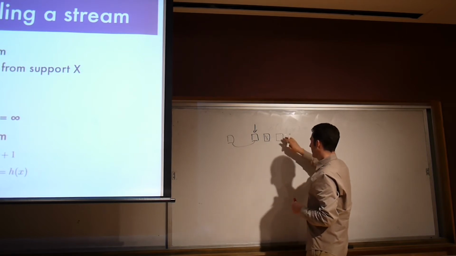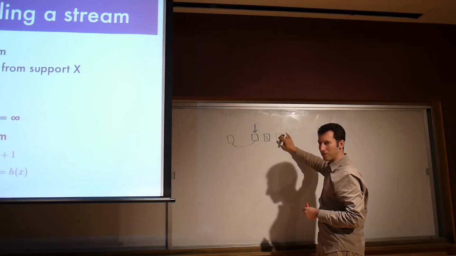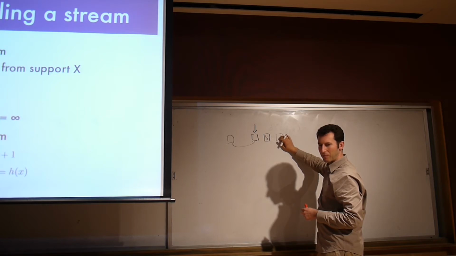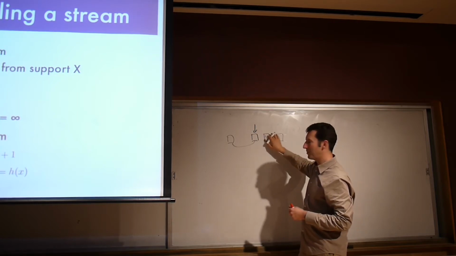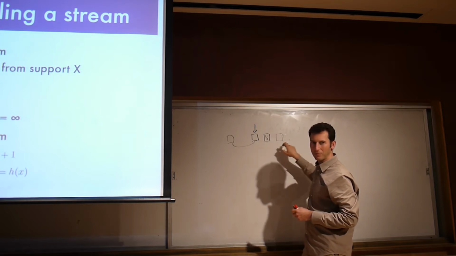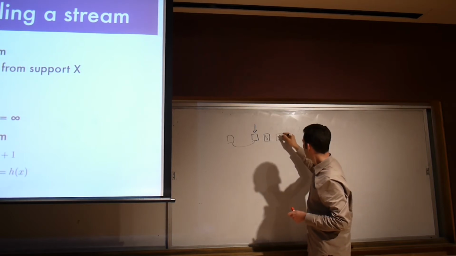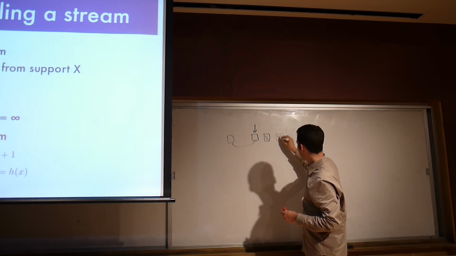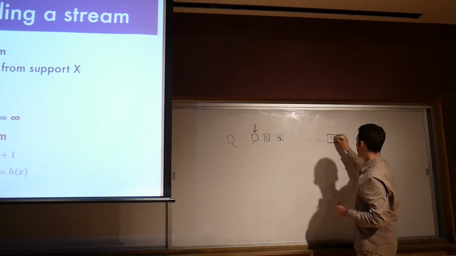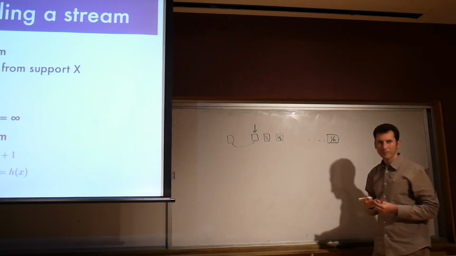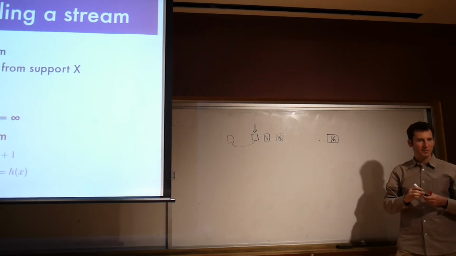The third one now needs to be picked with probability 1/3. If I pick it with probability 1/3, and knowing that the other two are with equal probability picked, everything will be picked with 1/3. So I just pick this guy with 1/3, and I keep on going, and I pick the nth guy with probability 1/n. This gives me a random element from the stream.